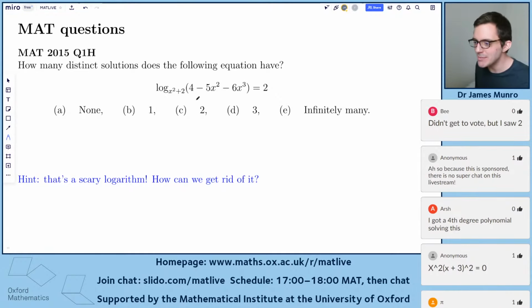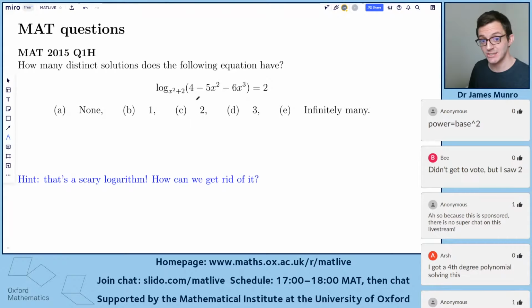Yep, so maybe disappointingly for our first logarithm question, I think the right first step on this question is to get rid of the logarithm. You know, we see a logarithm. I love logarithms. They're one of my favourite things. But I think the right thing to do here is x squared plus 2 to the power of each side, which is a crazy thing to do in a question.